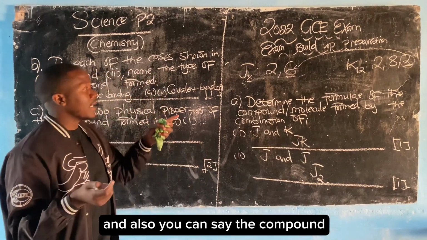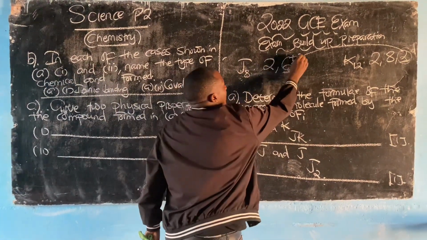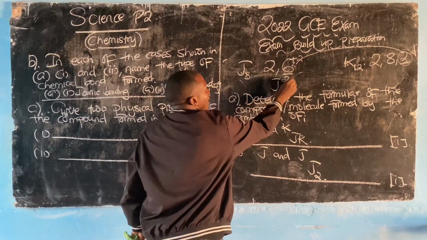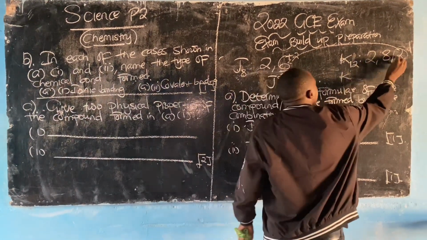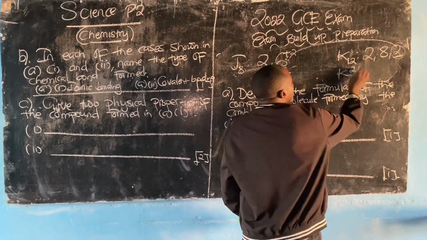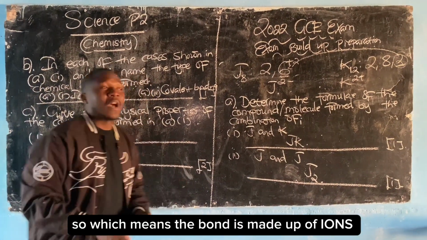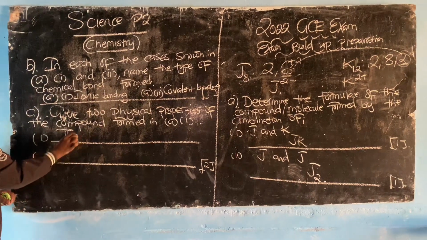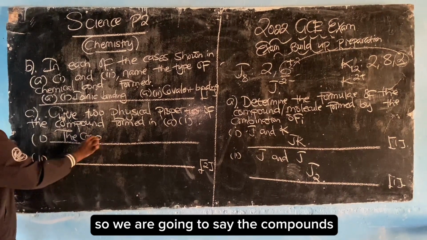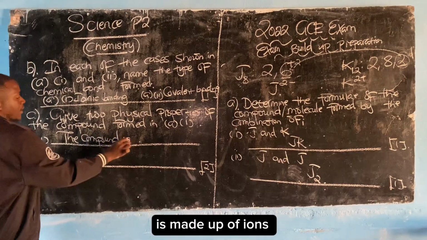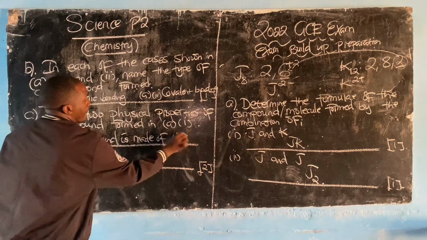And also, when this is able to gain extra 2, it's going to become J2 minus. If this is able to lose these 2, it's going to be K2 plus. So which means the bond is made up of ions. So I'm going to say the compound is made up of ions.